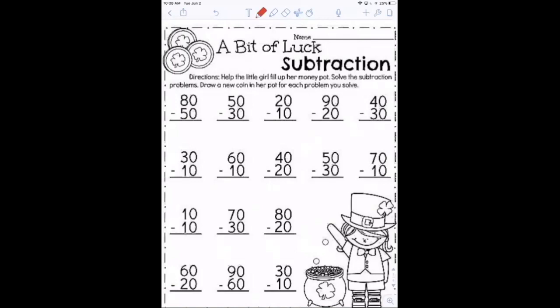And right here, what you would have to do is you need to separate it in your T-chart. You have your tens and your ones.